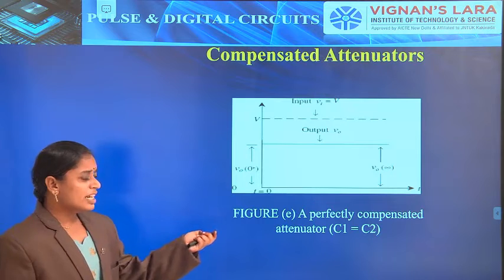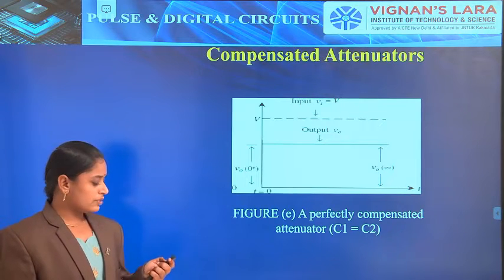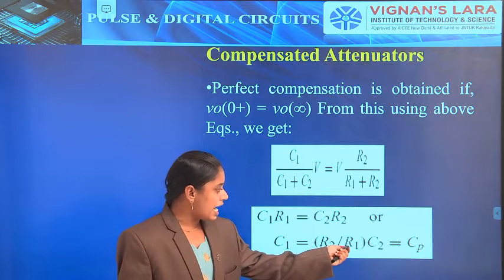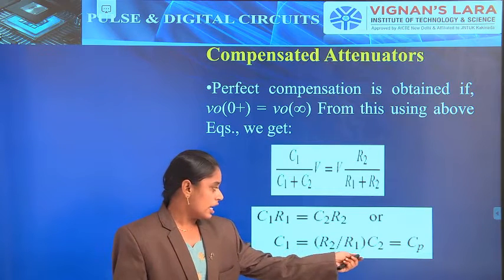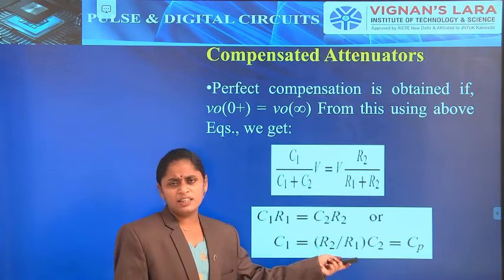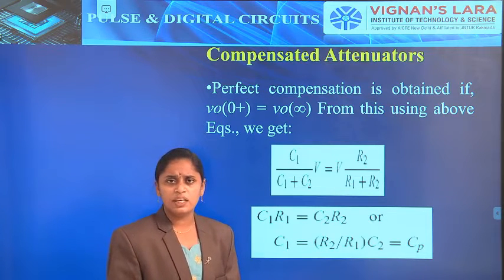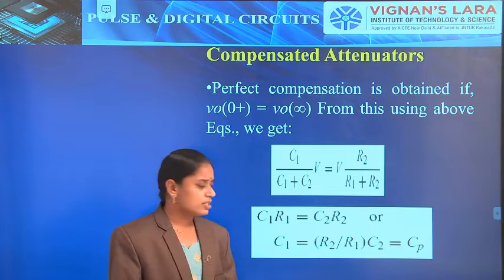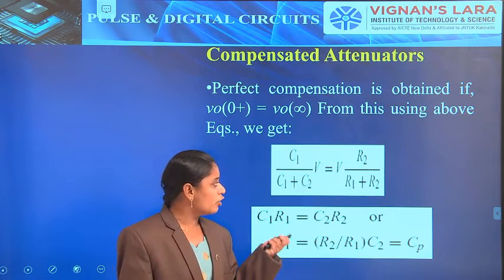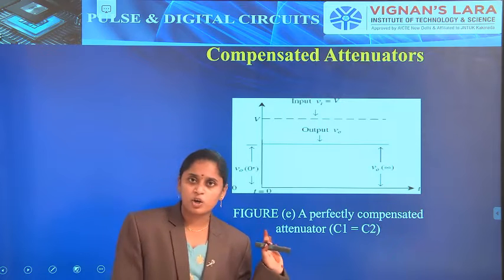So at C1 is equal to C2, we know C1 is equal to R2 by R1 times C2, which is equal to Cp. Whether you find the Cp or not is your choice. When C1 is equal to C2, the output generated is a perfect compensation.